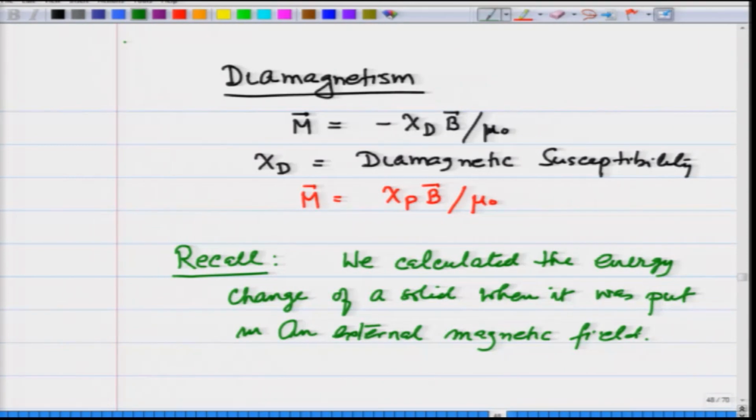Of course, when I took a system and put it in an external magnetic field, the levels are split and different levels were occupied differently, and therefore, I got a temperature dependent paramagnetic susceptibility.